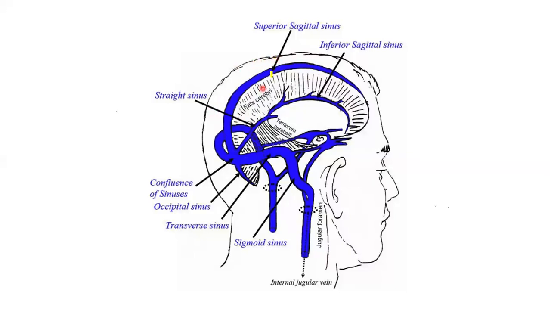The waste product from the superior goes in that direction, the inferior in that direction, the straight sinus in that direction, the confluence of sinuses in that direction, then the occipital sinus. After that, it is collected in the transverse sinus. The transverse sinus goes to the sigmoid sinus, which transports the waste to the internal jugular vein.